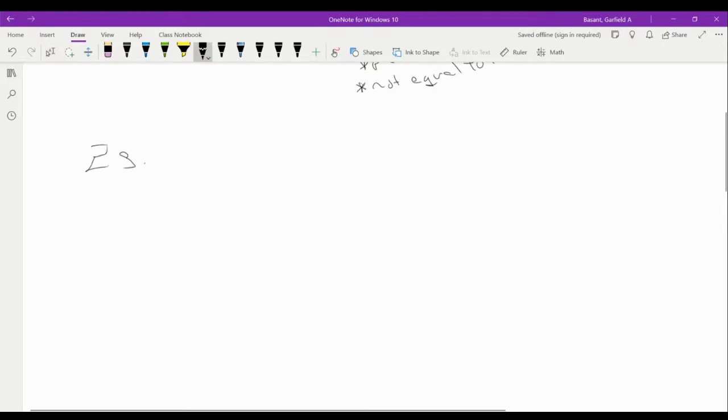So let's just talk about this basic exponential function. One of the more common bases that we use is the letter e. Has anyone ever seen e before in math? Do we know what it represents?